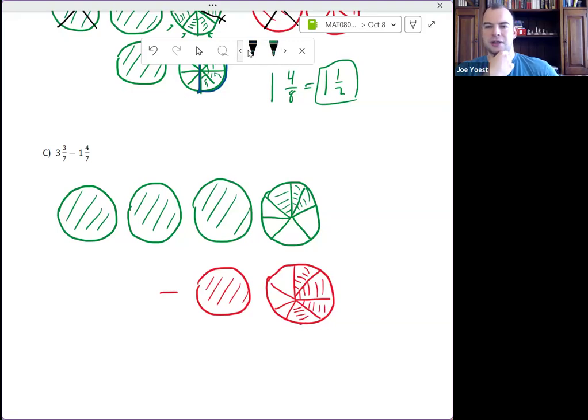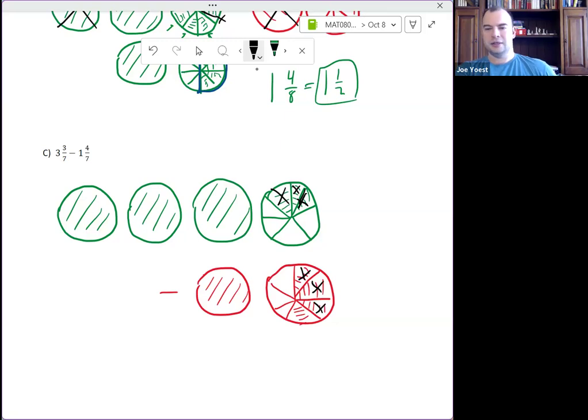Okay, so if I start canceling out my fractional bits, I can use one of the green slices. These are all in sevenths, right? To satisfy one of the red slices. They kind of come together and make what's essentially a neutral pair of 1/7 slices. I can do that again, and I can do that again.